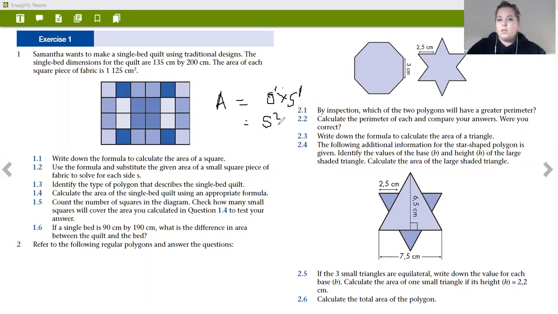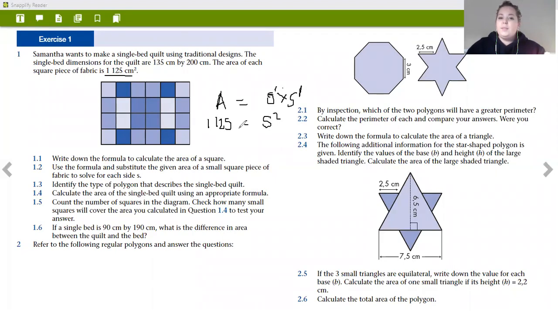That's how we get s to the power of 2. But they said, given the area of the small square piece, we need to solve for s. They told us over here, that is our area. So now we're going to say, okay, that's our area, 1,125.